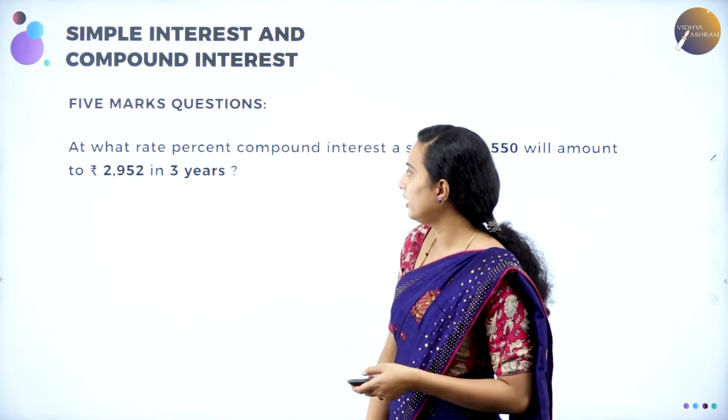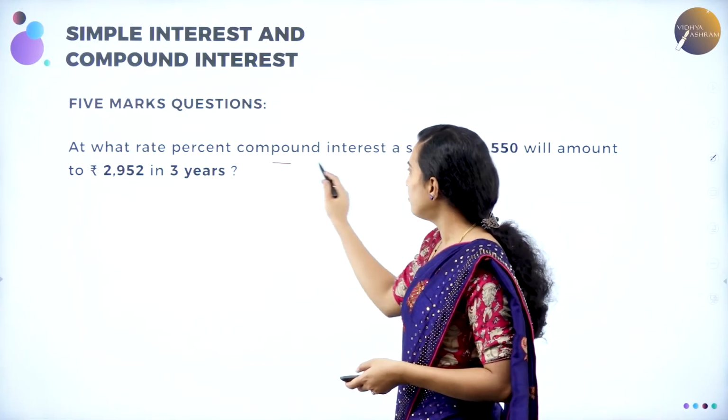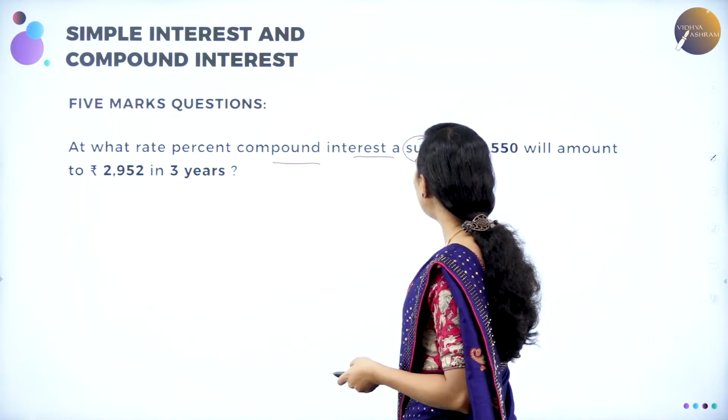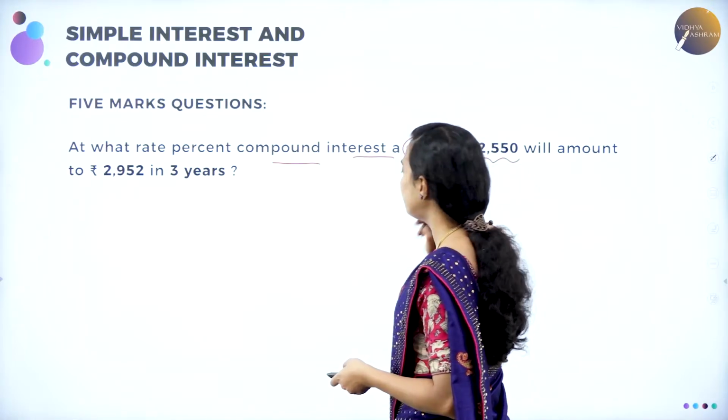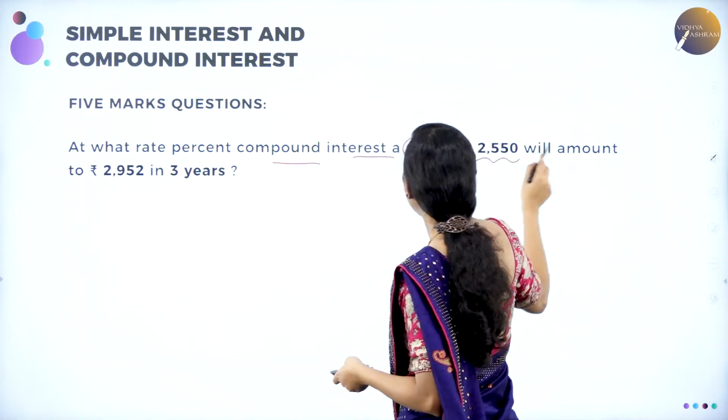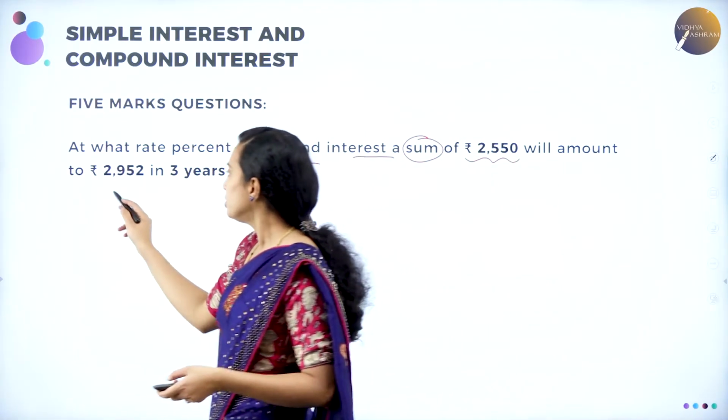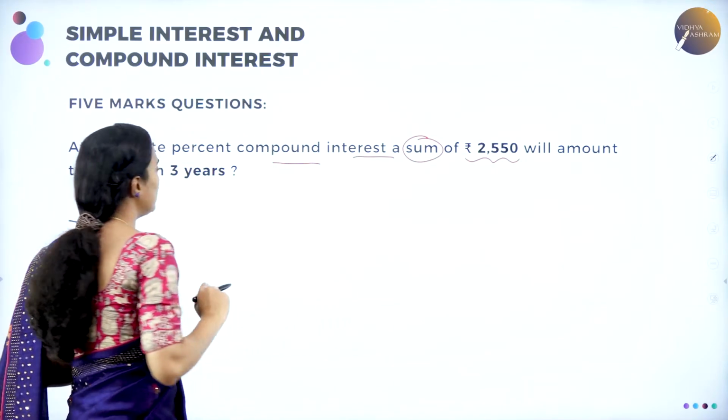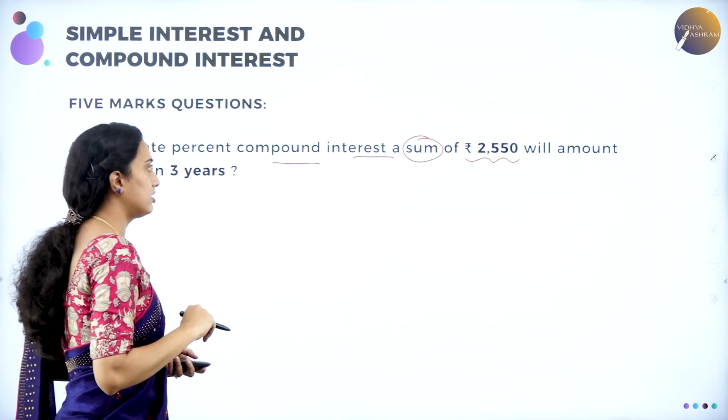At what rate percentage compound interest a sum of rupees 2,550 will amount to 2,952 in 3 years?